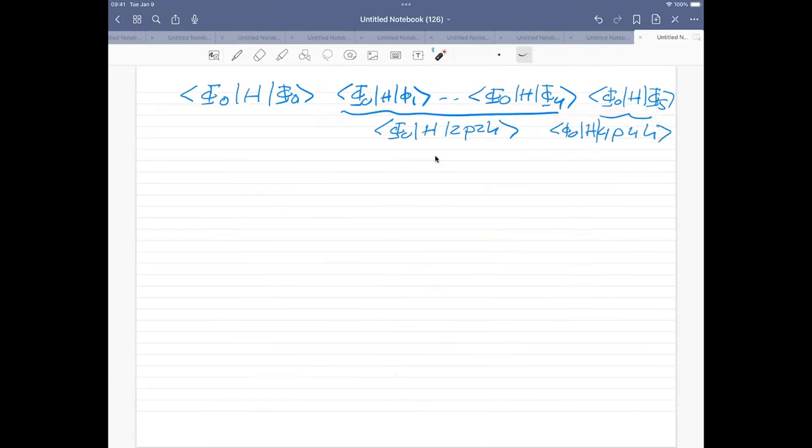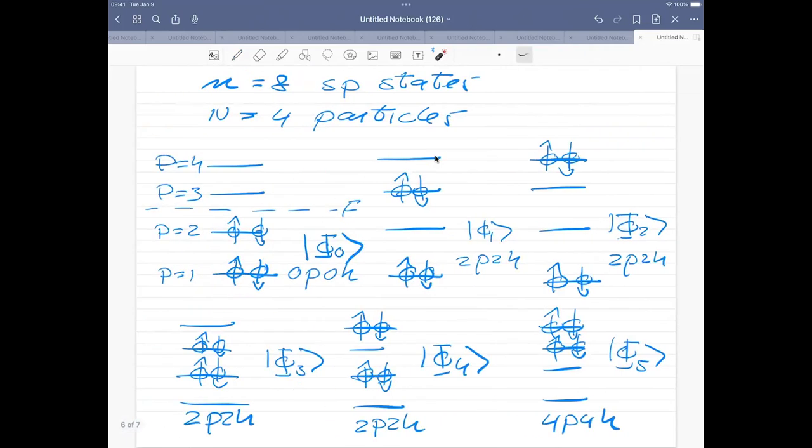If you go from the ground state to a 4-particle 4-hole excitation. So that means that you're trying to connect this one with this state here. And we have an operator which acts on 2 particles at most. So what kind of value would that matrix element get?